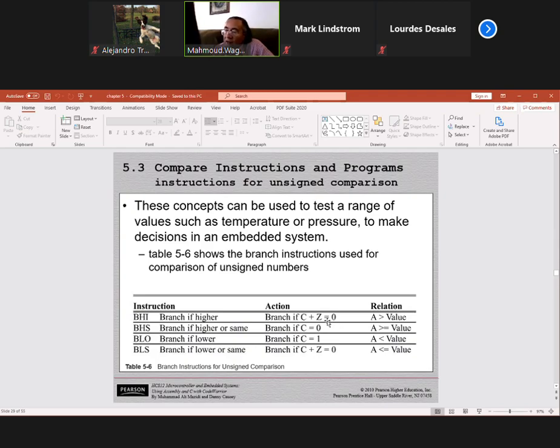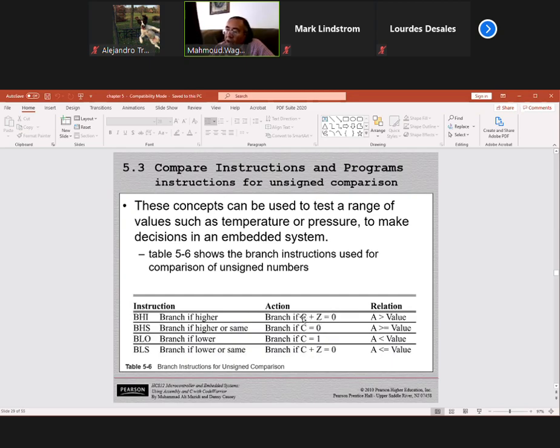How is that? Because when we say higher, that means there is no carry. Carry is zero, okay? And higher means Z is zero because the answer is not zero in the accumulator. Higher means there is still some remainder in the accumulator. So both C and Z are zero. So yes, C or Z is zero.